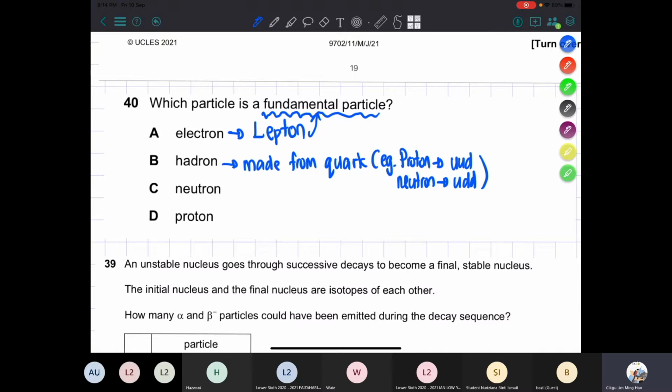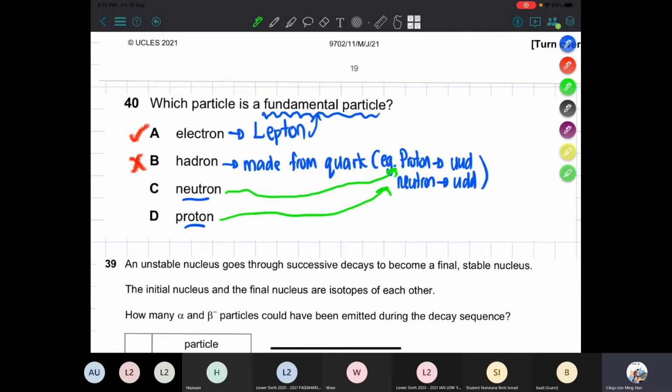So this one is not fundamental. This one is fundamental. And then the next one here we have neutron. This is a proton, this is a neutron. So these are not fundamental. So the only fundamental one is actually A. So A will be the answer.